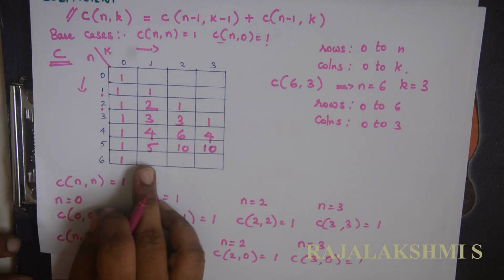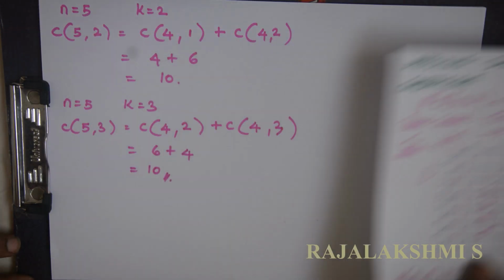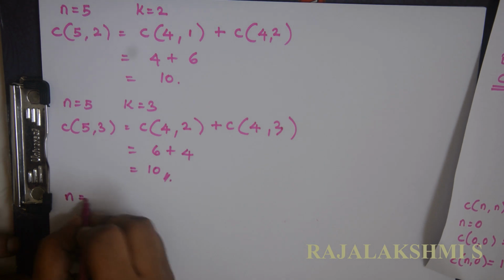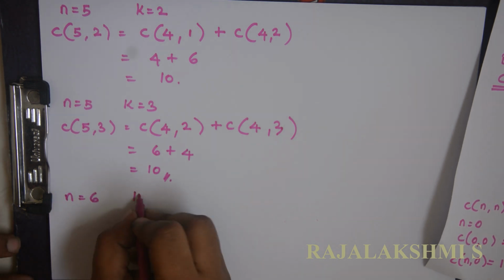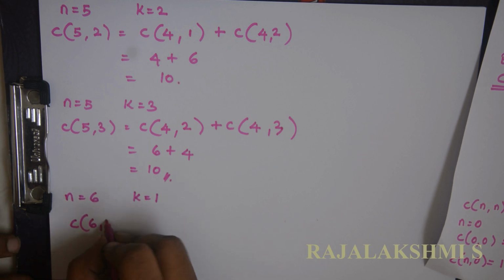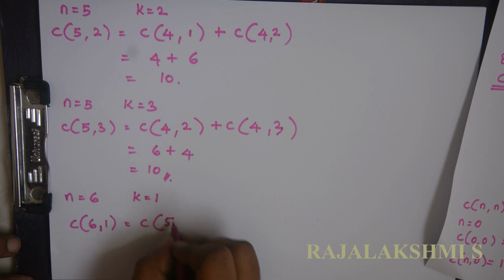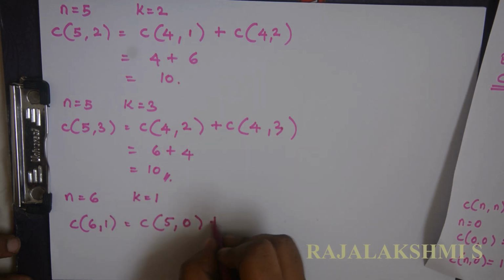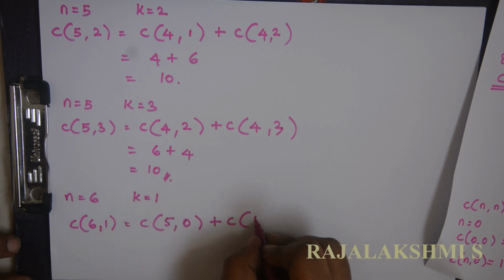So now we should compute C of 6 comma 1. So n is equal to 6 and k is equal to 1. So C of 6 comma 1 is equal to C of n minus 1, so 6 minus 1 is 5, comma k minus 1, which is 0, plus C of n minus 1, which is 5, comma k is 1.